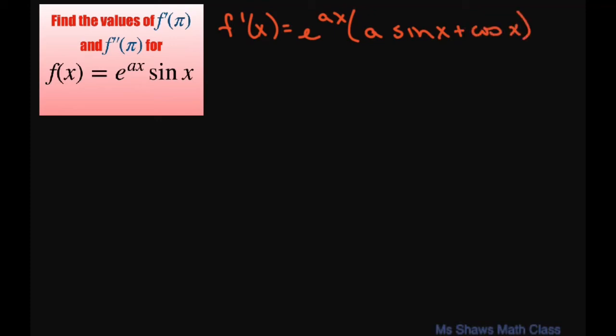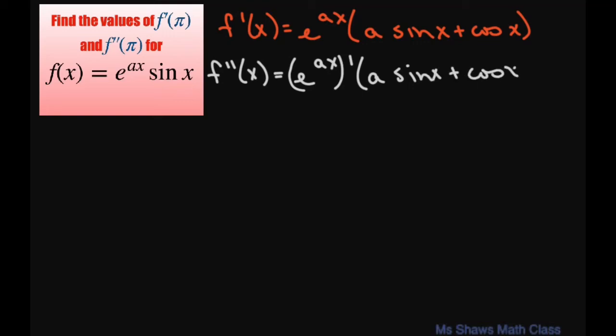To set this up, we're going to take f double prime of x, and we're going to take e to the power of ax and differentiate that times a sine of x plus cosine of x, plus copy down your numerator e to the power of ax, and then we're going to differentiate a sine of x plus cosine of x. So I'm just setting it up there.